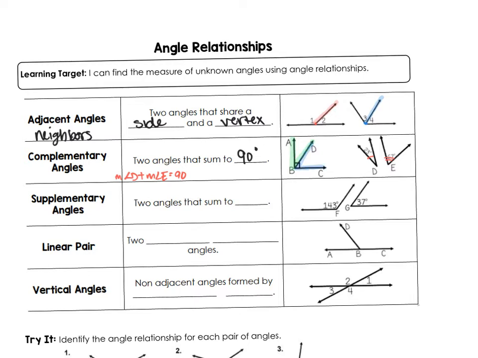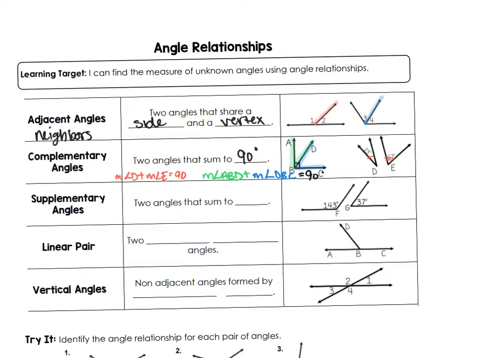So their shared side is BD, that ray, and their shared vertex is B. And I can say these angles, if I was writing my angle statement, I would say the measure of angle ABD plus the measure of angle DBC is equal to 90 degrees.